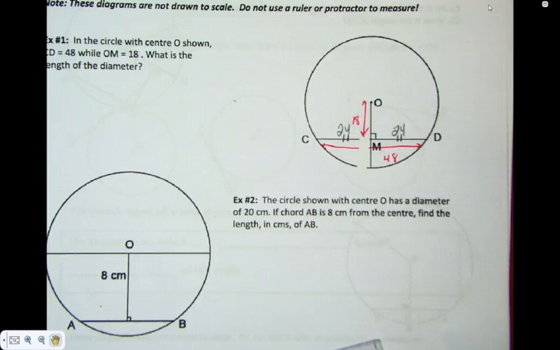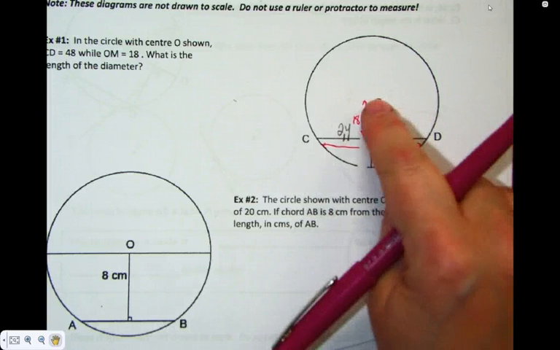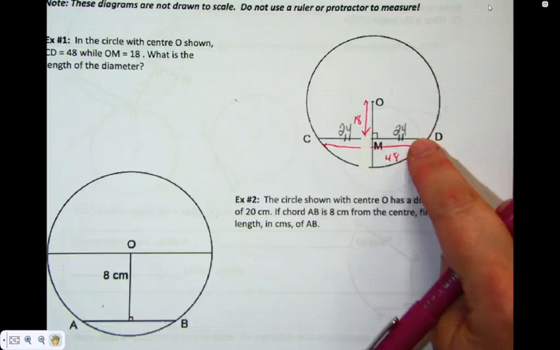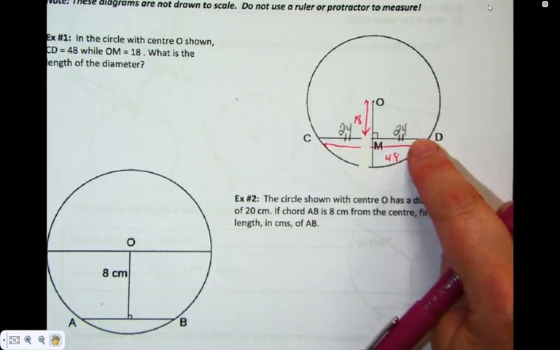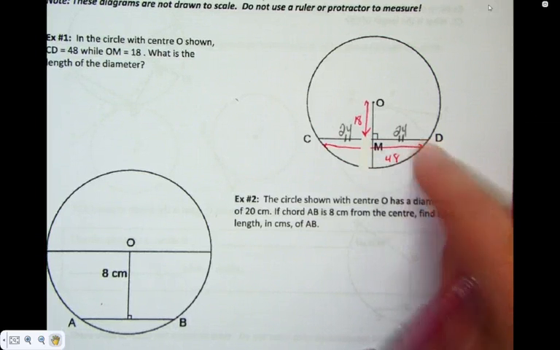These types of questions will always work this way. I'm going to add one more line that's not in the diagram, and you have a choice where you want to add it. I'm either going to add O to C or I'm going to add O to D. Completely up to you. Do you want to use C or do you want to use D? D. Okay?